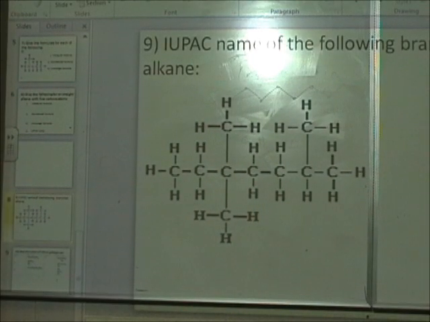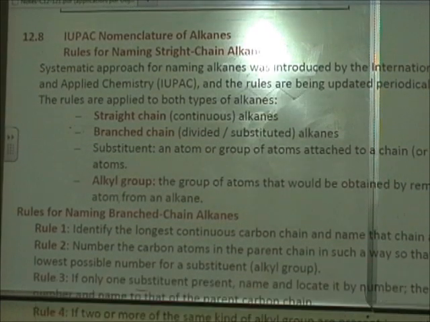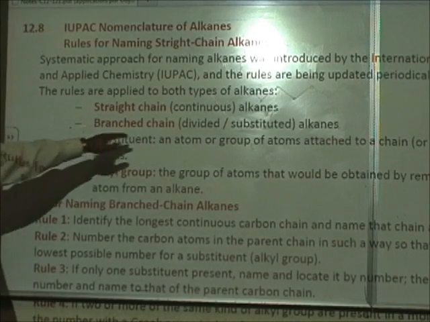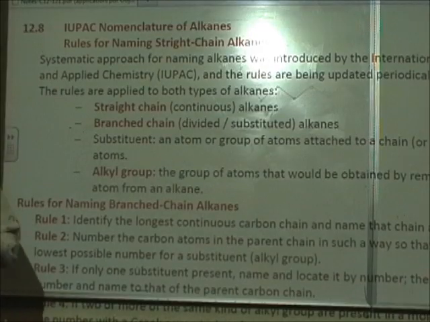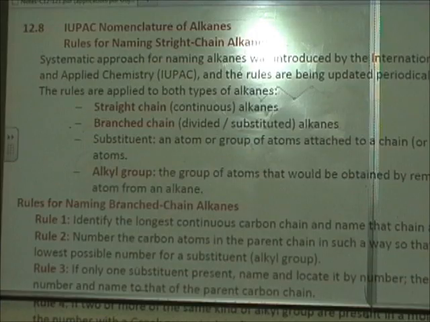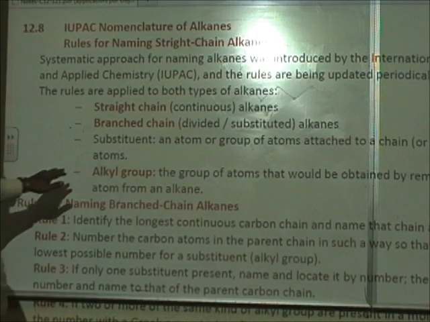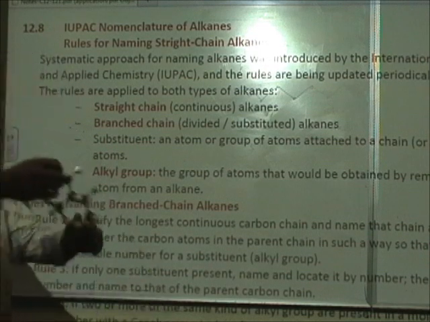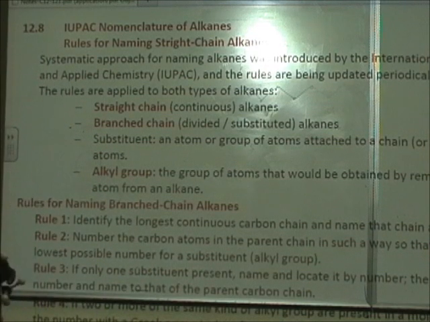Here are the details for that. There is the straight continuous alkane and the branched alkane, also called a substituted alkane. You call it substituted because there are other groups branching off from the chain. These are alkyl groups. If you have a branch like methane, it's called a methyl group.